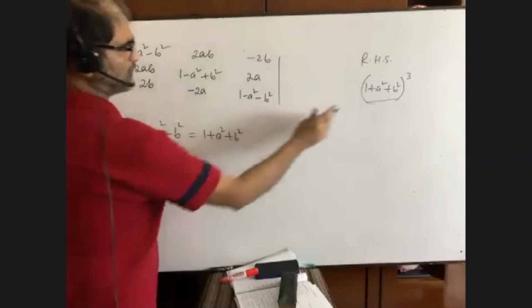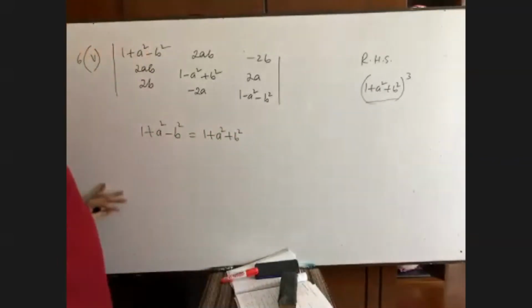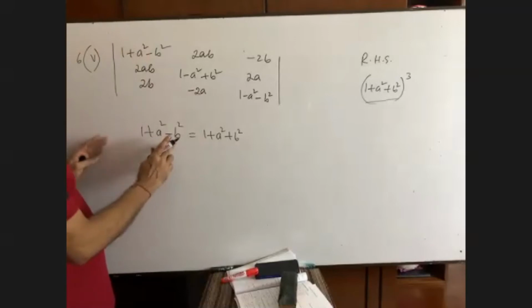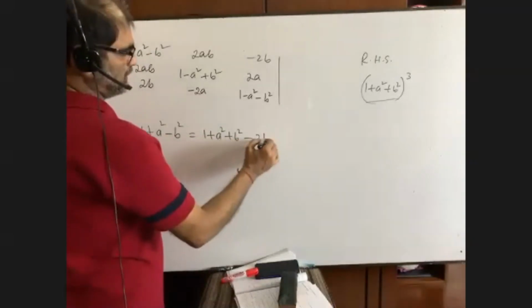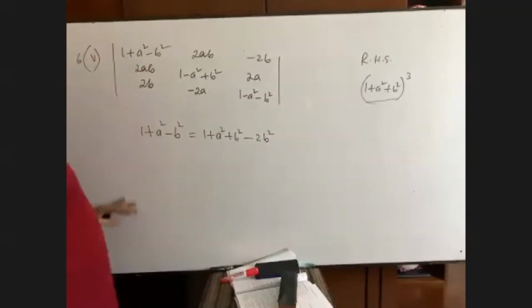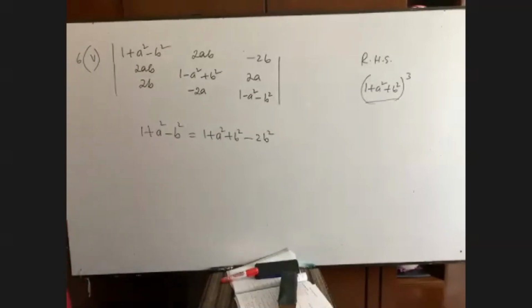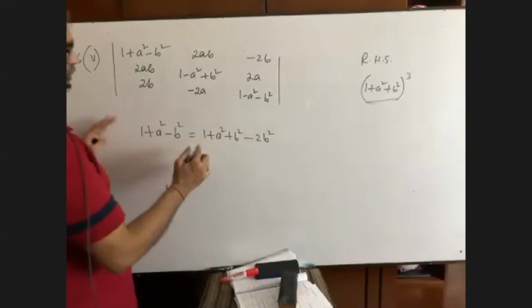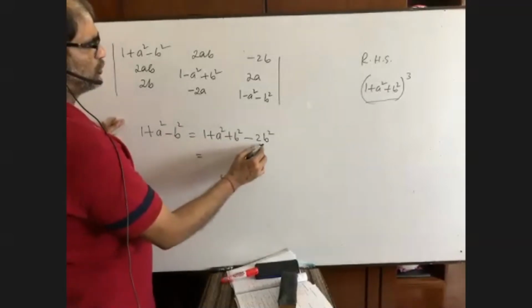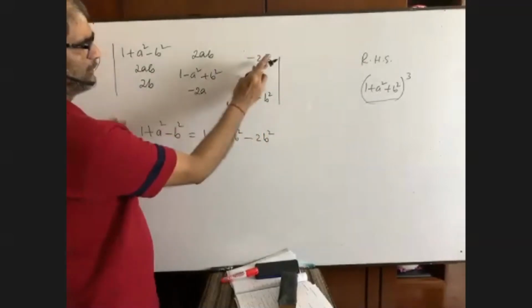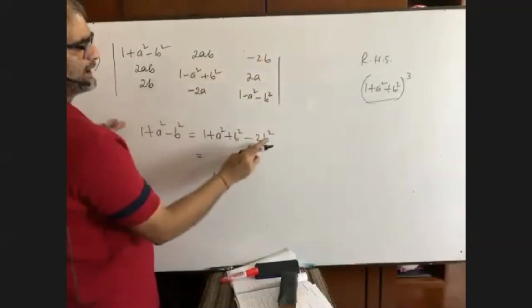You please try to understand. I need this, right? So what is left here? Minus 2b square. Am I right? Yes sir. So we can write here minus 2b square means what? If I multiply it by b, then can I get minus 2b square?